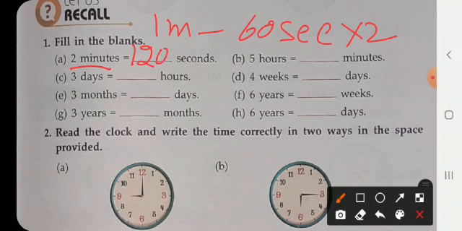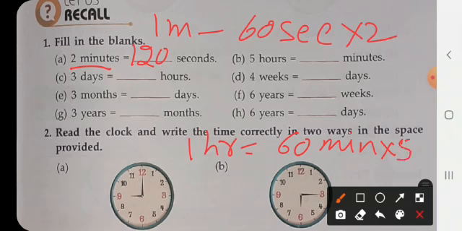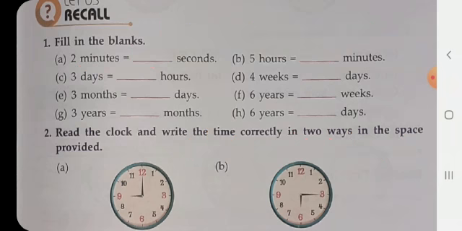Now 5 hours make how many minutes? We know that 1 hour is 60 minutes, so 5 hours will be 60 multiplied by 5, that is 300 minutes. So this is how we can calculate this sum.